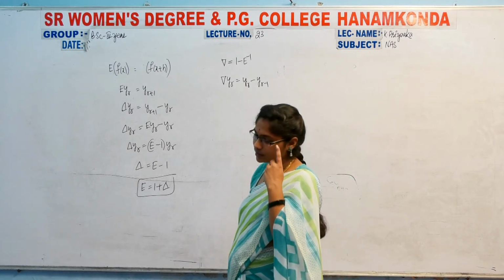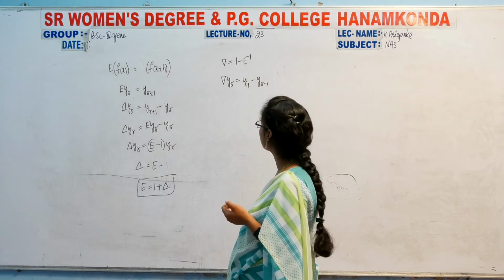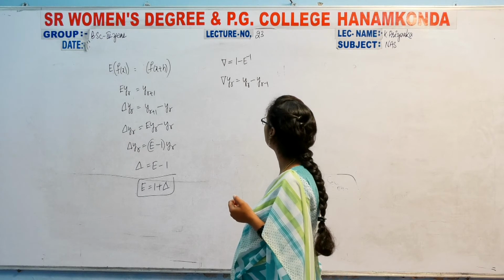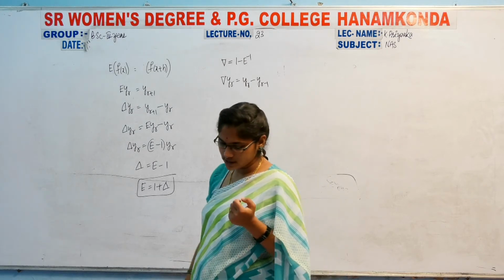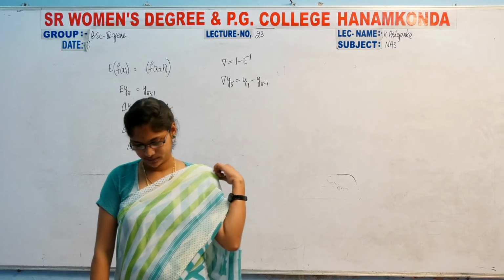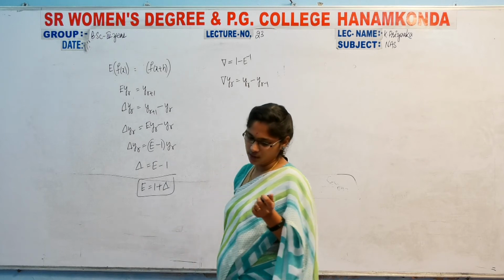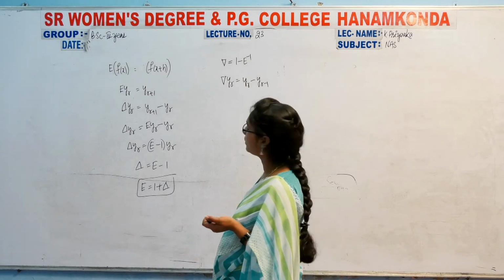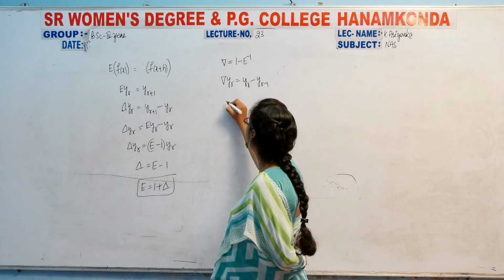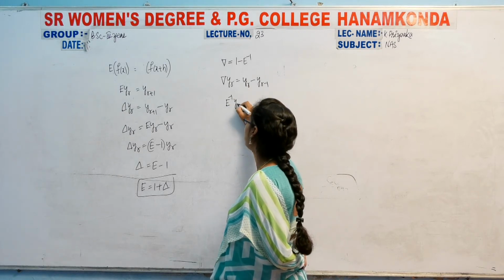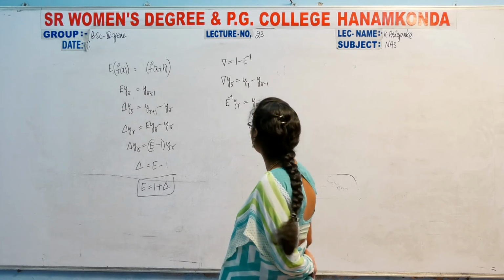Now here what I am doing is simply I am going to take the value of y r minus 1. Now write down. We know that the inverse operator e power minus 1 y r is equal to, as I said, y r minus 1.